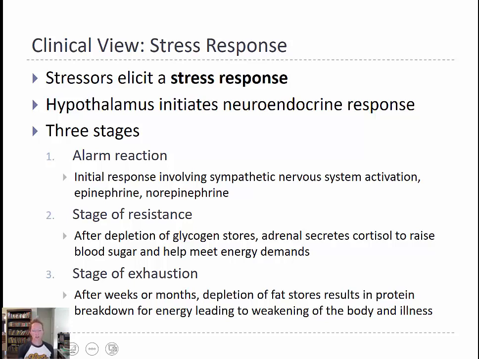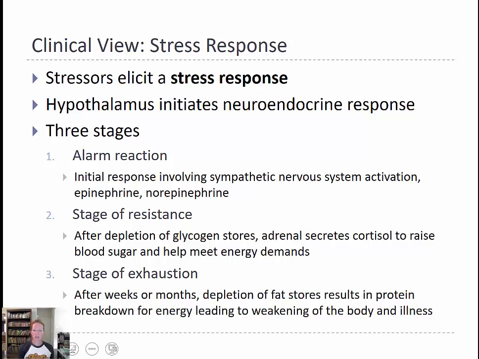Stage of exhaustion is going to be where your proteins are breaking down and you're weakening. You are more susceptible to illnesses as well whenever you're under this chronic stress, when you get to this kind of stage of exhaustion. Because remember, one of the things that we talked about with cortisol is how it kind of suppresses your immune system.